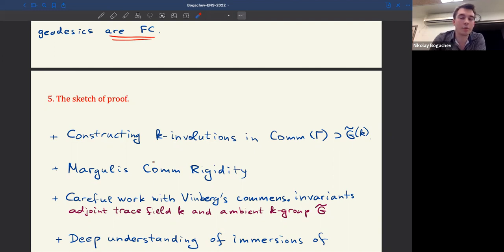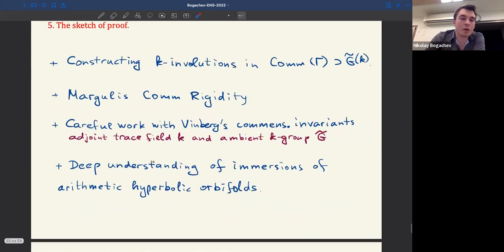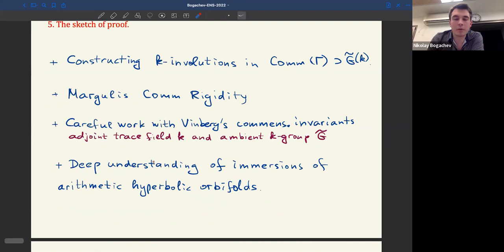There are generally 3 types of arithmetic lattices in hyperbolic spaces, and we found these k-defined involutions in all the cases, and this is just enough. After we have this k-defined involution in the commutator, then using Margulis commutator rigidity, you can get infinitely many such subspaces.